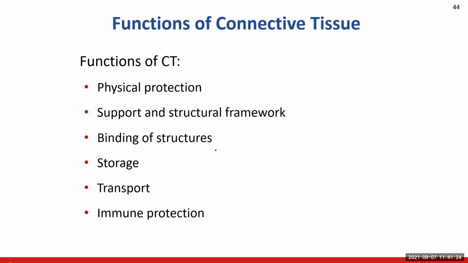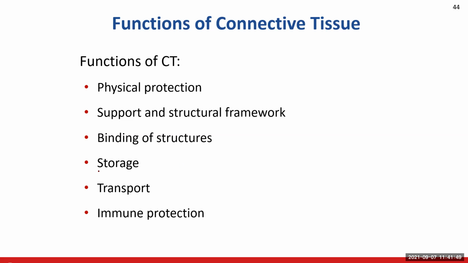Some of the functions: you're going to see a kind of crossover, some similar functions between epithelial tissue and connective tissue. So connective tissue serves as physical protection. I told you it helps to bind organs, so it's going to support the structural framework of our bodies. It's going to hold organs and certain structures in place.